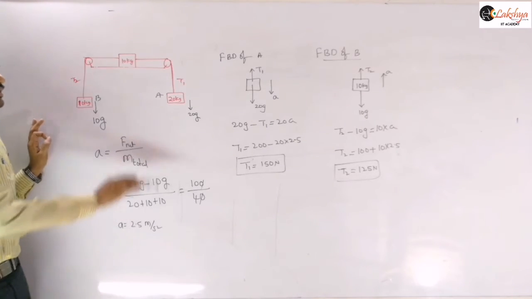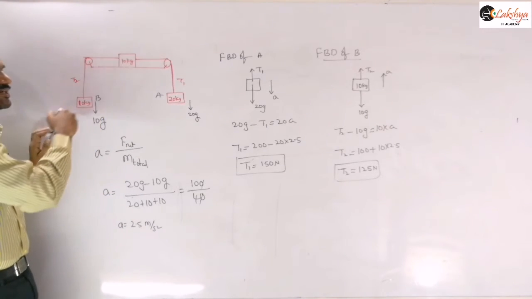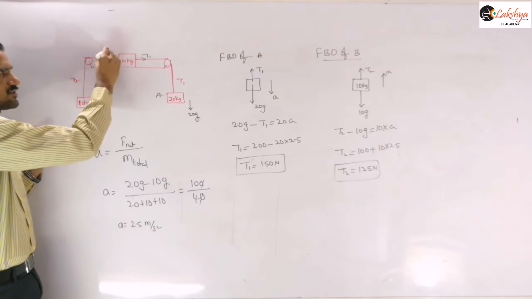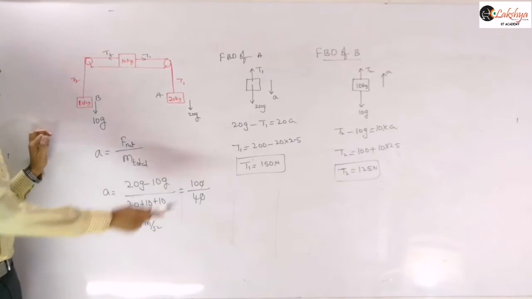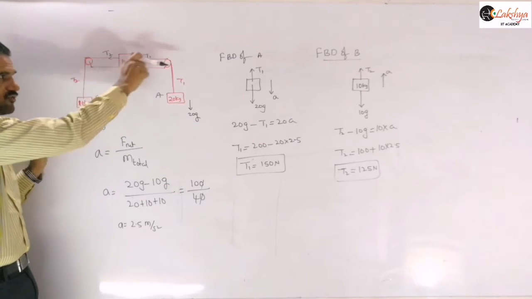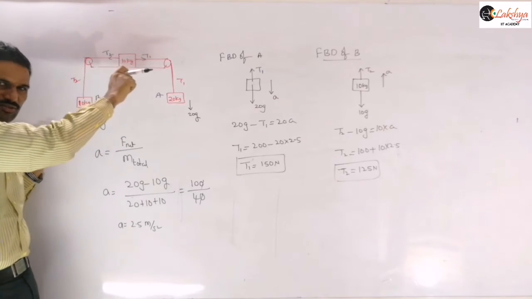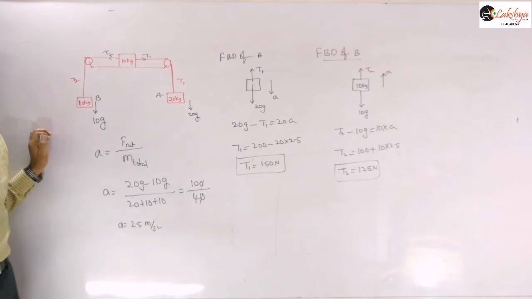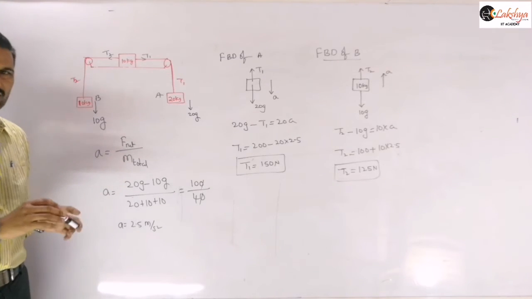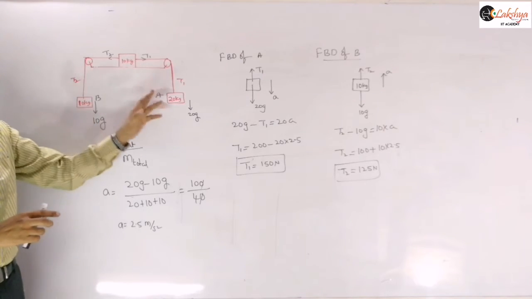There will be some net force acting on the block. T1 is 150 and T2 is 125, so a 25 newton net force will be there along the direction, and the block will accelerate in that direction. That is the case when three blocks are connected like this, so the tension is different here.